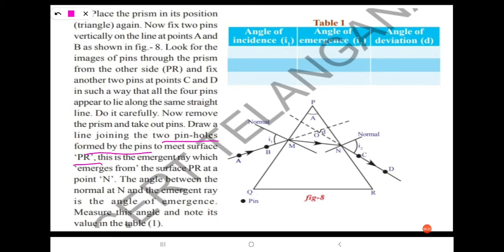So this is the emergent ray which emerges from the surface PR at point N. So here the normal is drawn at N to this emergent ray. And here the angle between the normal at N and the emergent ray is the angle of emergence. Okay, this i2 is the angle of emergence here. So we have to measure this angle and note its value in table 1.